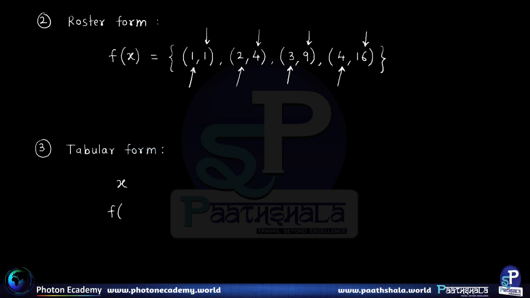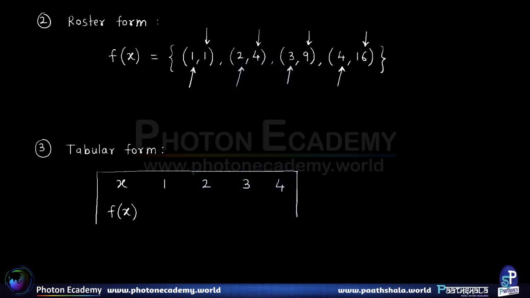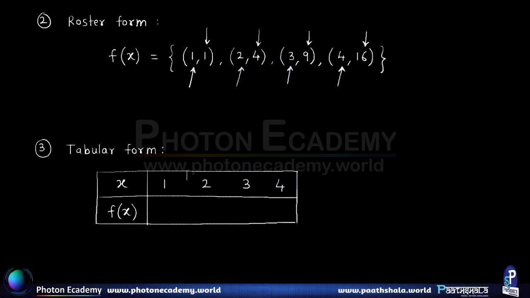Here we write the different values of x and the corresponding value of f of x in a tabular form. So we just tabulate this information. So here we have x, f of x. x has the values 1, 2, 3, 4 and f of x will have the values 1, 4, 9 and 16, which is really not a different thing.